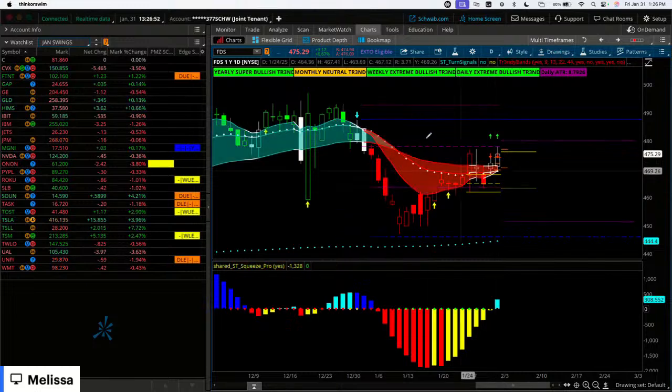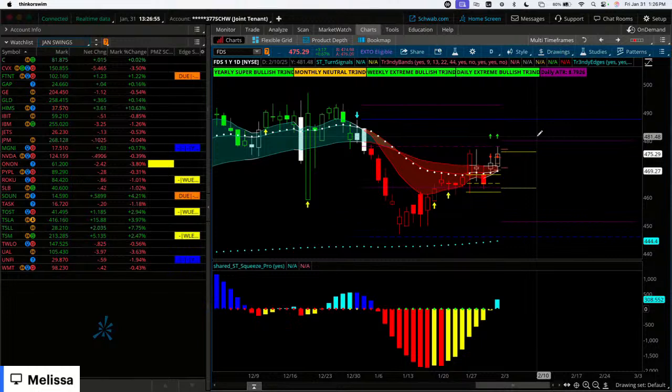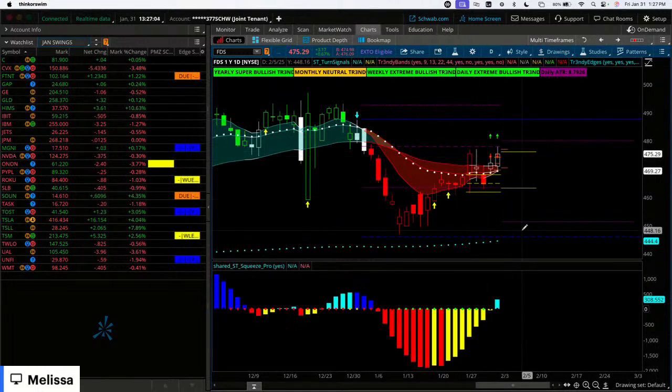These are all things that, if you do your homework ahead of time and you are choosy and pick the top names according to the strategy that you trade, then either put in your automatic bid at the level that you want to enter the trade, or create an alert at that level, and then take the trade when your alert goes off.